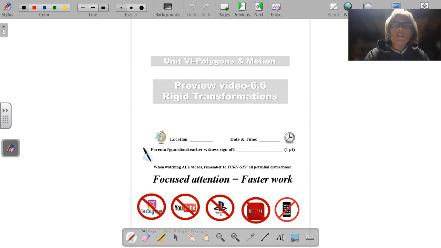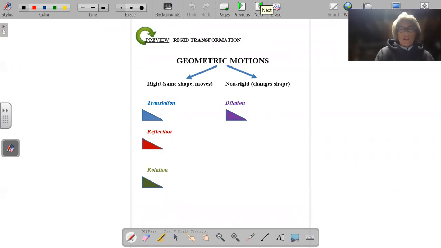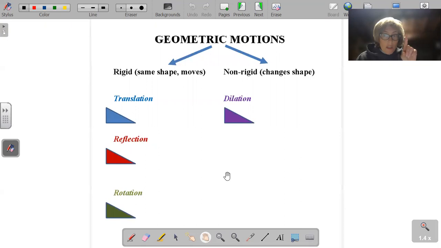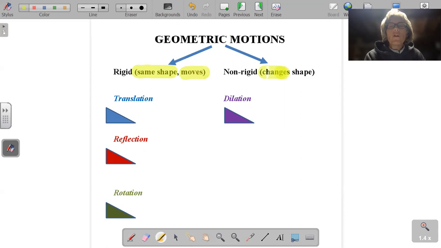So we're going to talk about motion on a coordinate plane, and there are 4 types of basic geometric motions, and they're in 2 categories. Rigid, which means you keep the exact same shape, you just move it around. And then non-rigid, where it actually changes the shape.